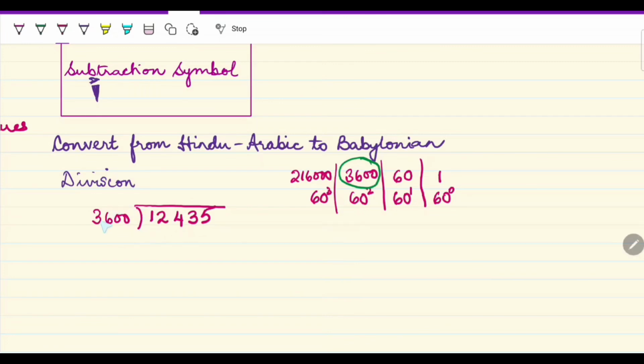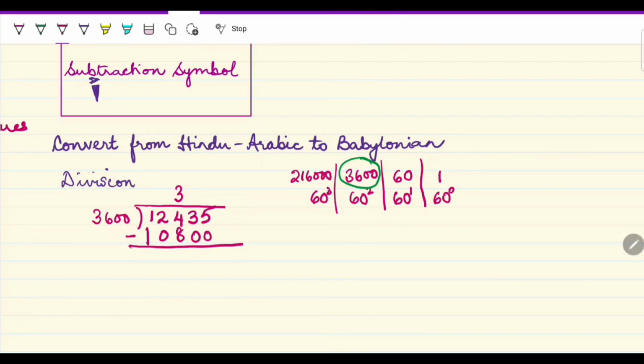We see that 3 goes into 12435. If we multiply 3600 by 3, we get 10800.